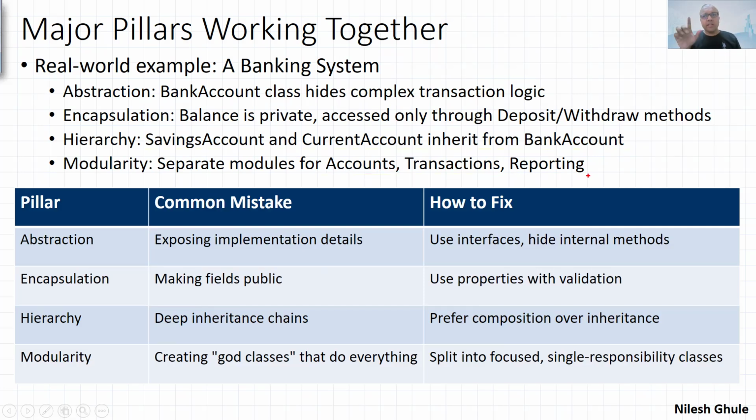If you are a beginner in the object-oriented world, here are some common mistakes you should avoid with these pillars. First one is abstraction, where you expose the implementation details. Do not create only the bank account class. I strongly recommend you create an interface, and in the interface you write the methods deposit and withdraw, so that your users will only be able to access the relevant methods without knowing the actual details in the background.